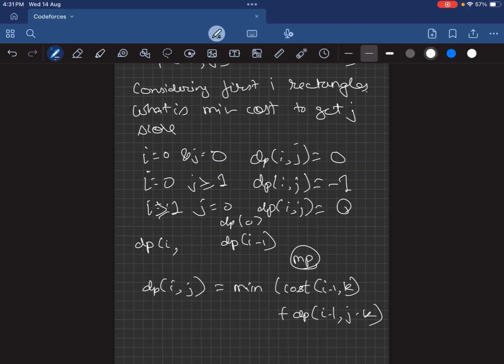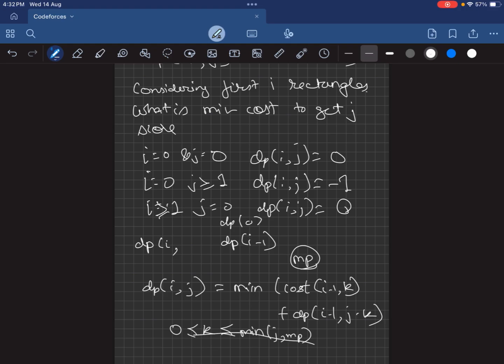We do this over all k, actually from k equal to 0 to the minimum of j and mp. So what does this mean?